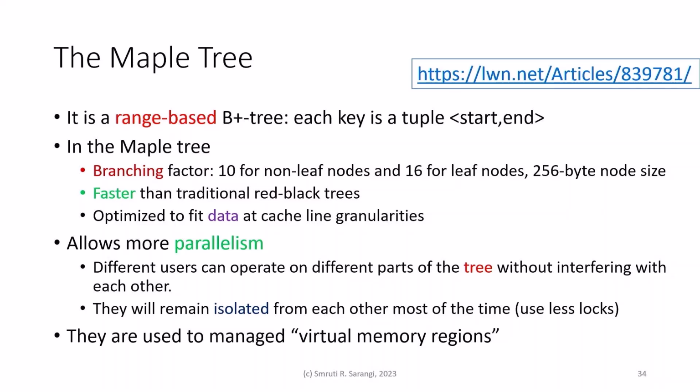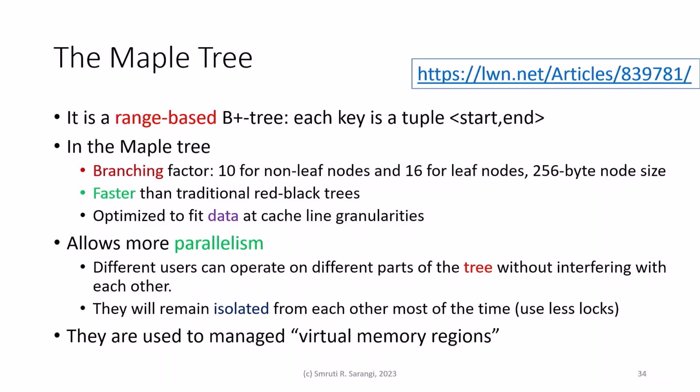Furthermore, the branching factor is 10 for non-leaf nodes and 16 for leaf nodes. It is fixed. And every node is 256 bytes, 4 cache lines. The advantage of a B plus tree is, of course, that you don't have to store values or pointers to values in each node. So the structure of a node becomes more homogeneous.